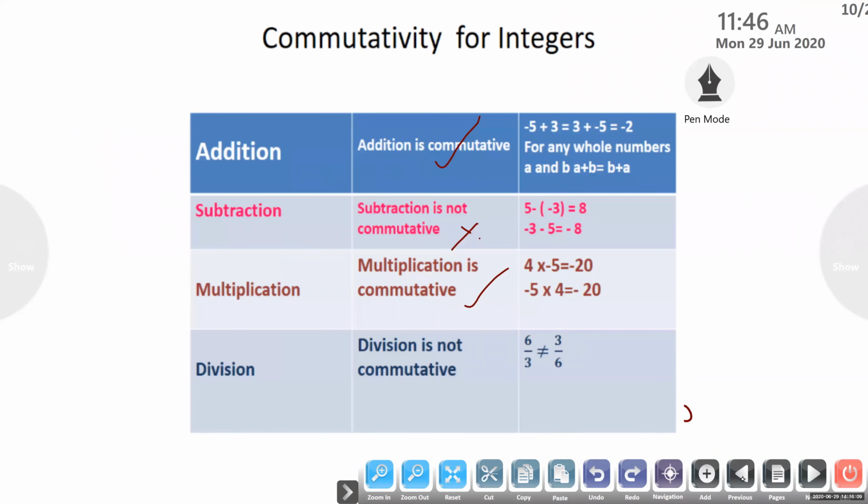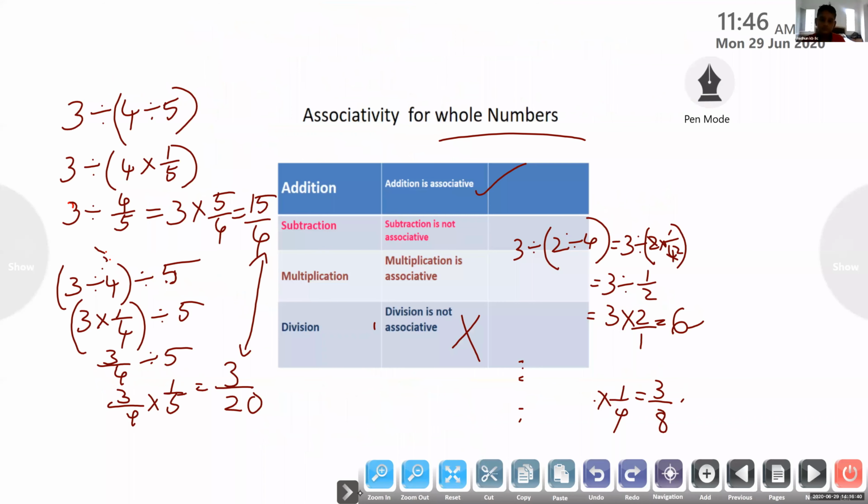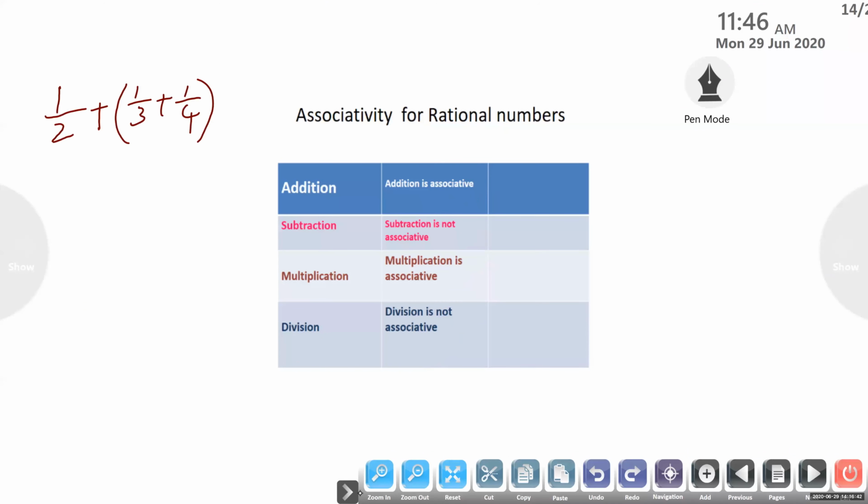We have done commutativity for integers and commutativity for rational numbers. Now associativity. Shall I move to associativity of rational numbers? Okay, we are moving to associativity for rational numbers.